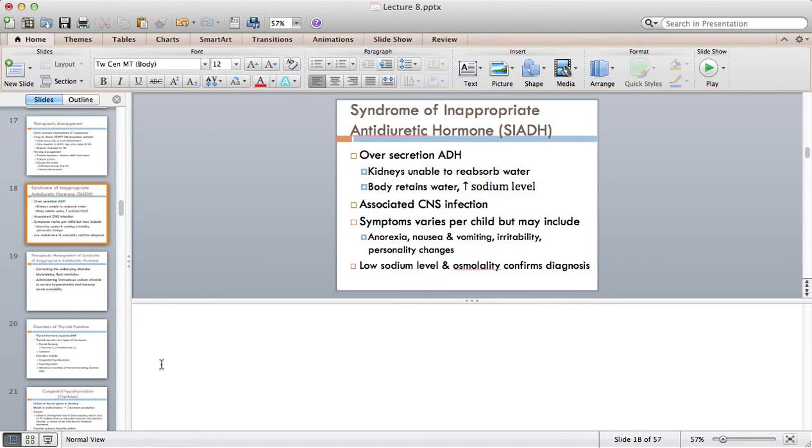Unlike in diabetes insipidus, where we have low antidiuretic hormone, retention of sodium in the blood, and an increase in osmolality, here the reverse is the case.